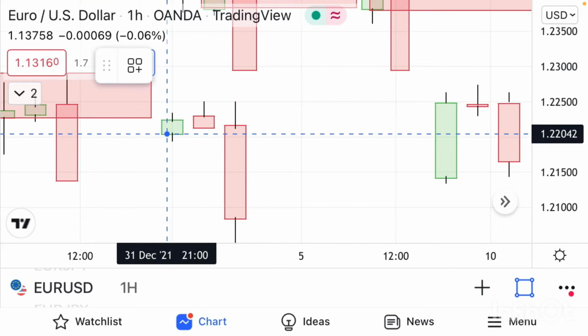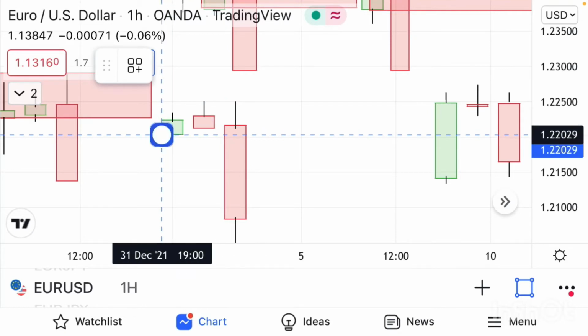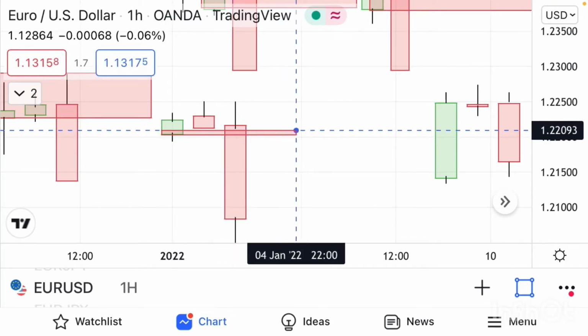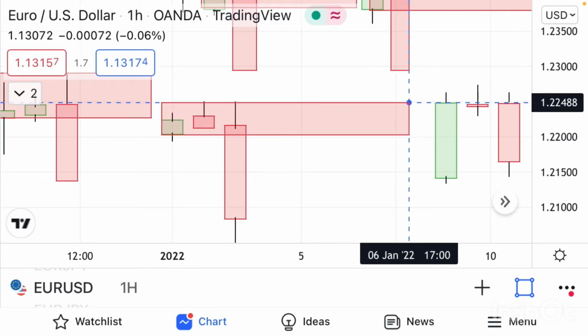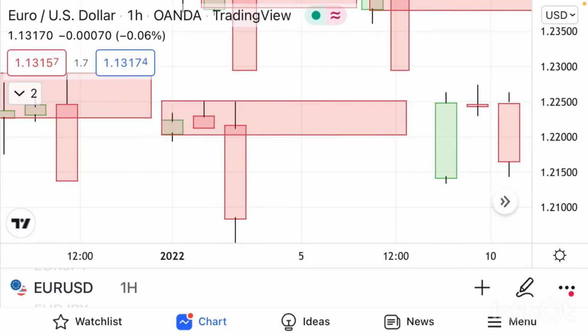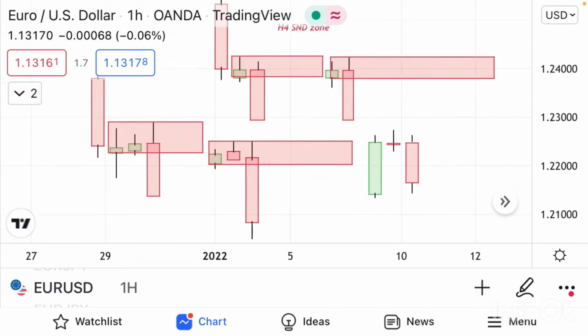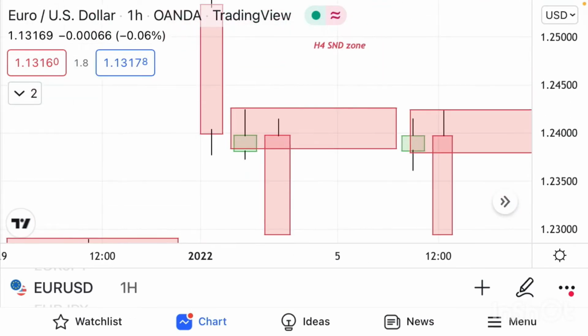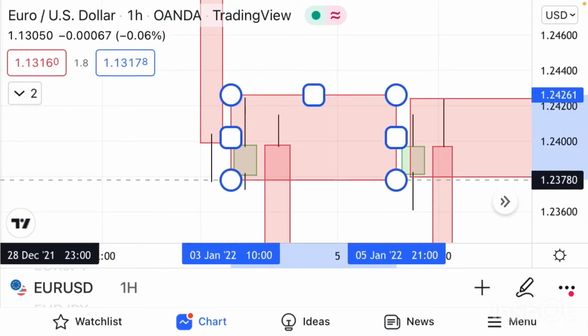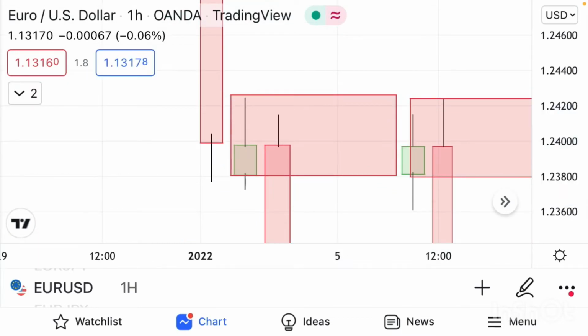So we consider here as our supply zone. It's very accurate. You don't believe me? Please don't believe me. Always backtest. Go back to your chart and backtest how to map these zones. Learn how to map these zones. It will really help you to be profitable in this market.